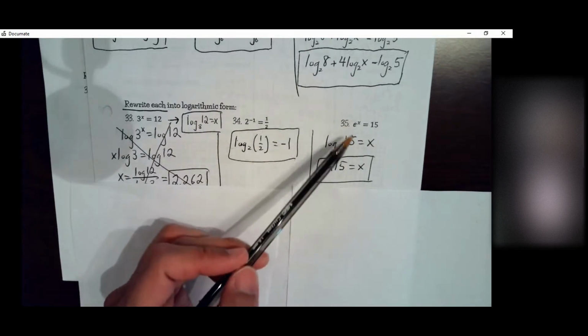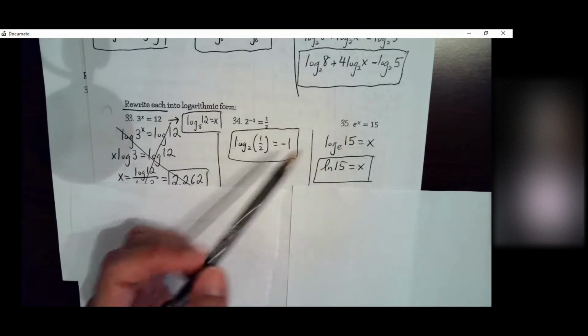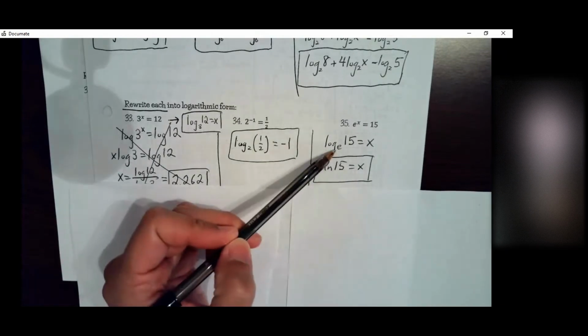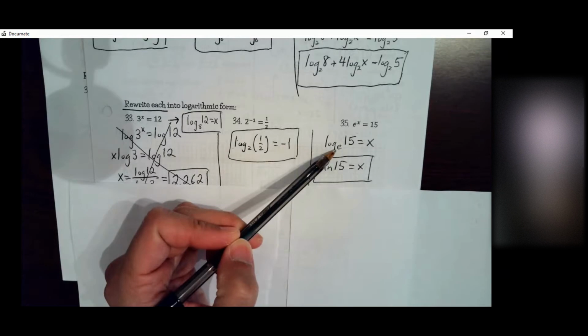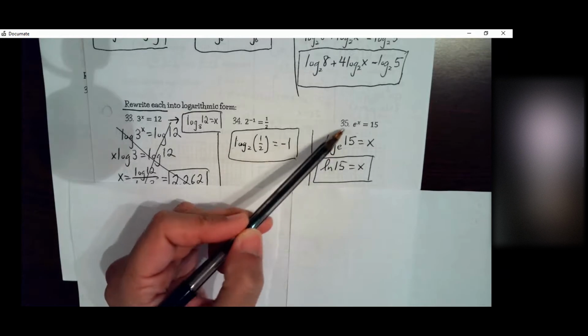What did you do for your first step? You took the natural log of both sides? Yes. Wait, no, hold on. Oh, wait, I see what I did. Is the e the base of the log? Mhm. So it's log base e of 15.